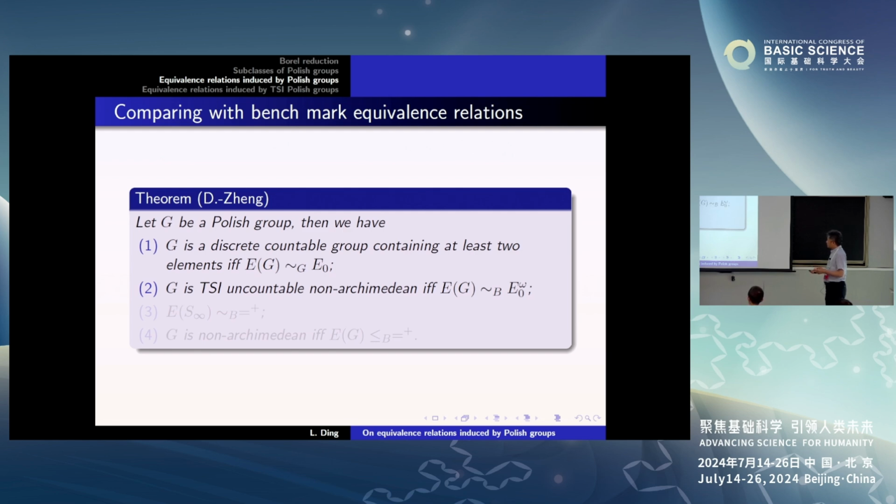Second, G is pinned, uncountable, non-archimedean if and only if EG is Borel bi-reducible to E0 omega. And for the identity plus, E S infinity is Borel bi-reducible to identity plus. And G is non-archimedean if and only if EG is below identity plus. These are some natural facts about EG.